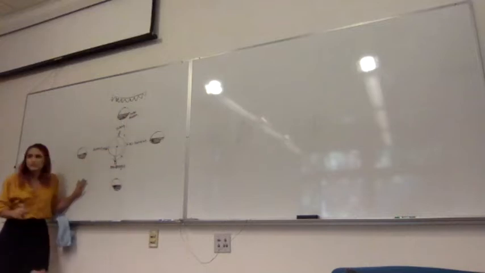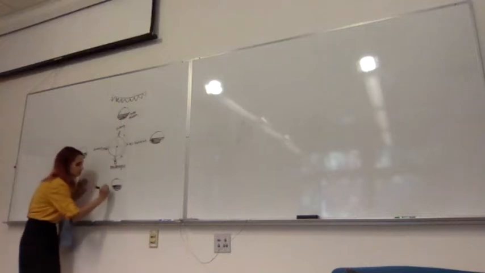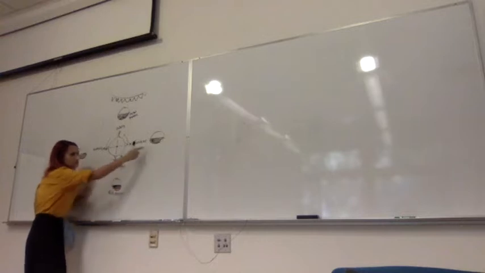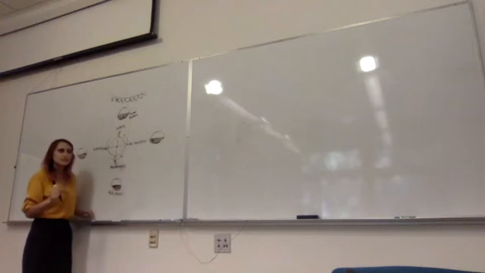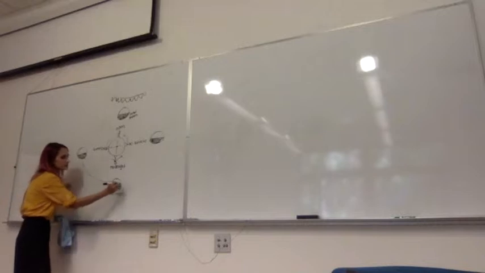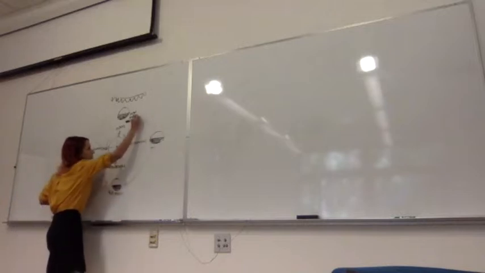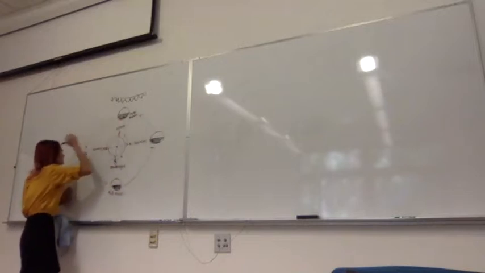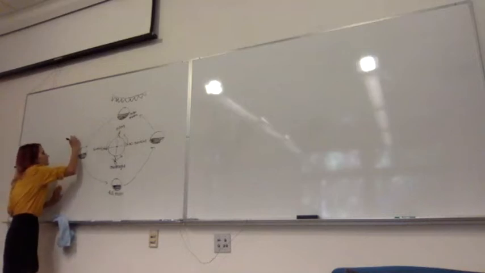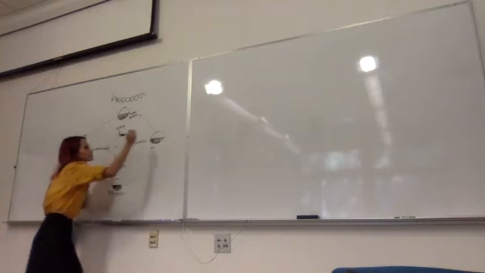What's this guy going to see? A full moon. And then this guy is going to see a half moon. And this guy's also going to see a half moon. Yeah. So the moon rotates in the same direction that the Earth does. This is a first quarter moon. This is a third quarter.